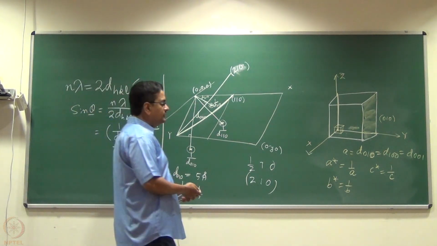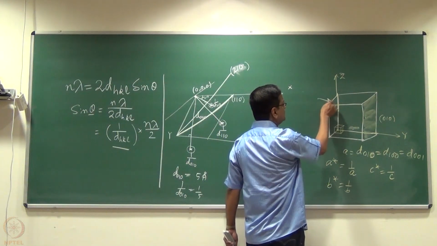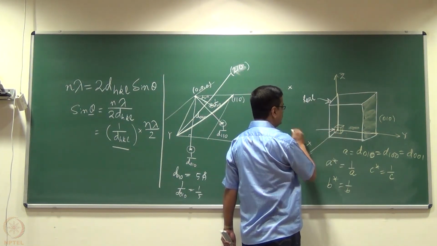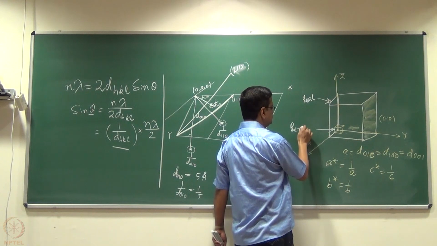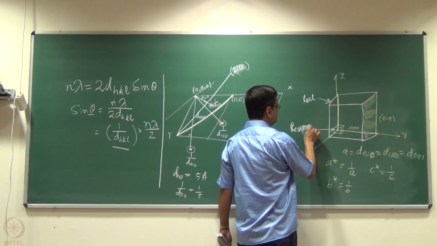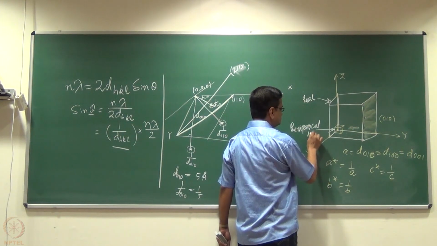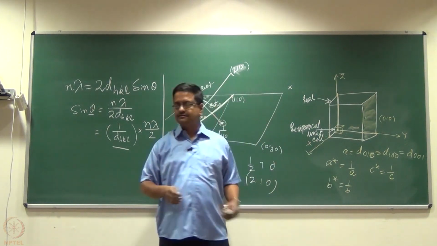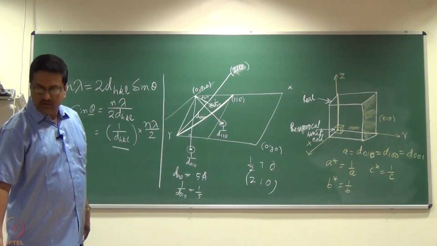So this real unit cell gets converted to a reciprocal lattice unit cell.